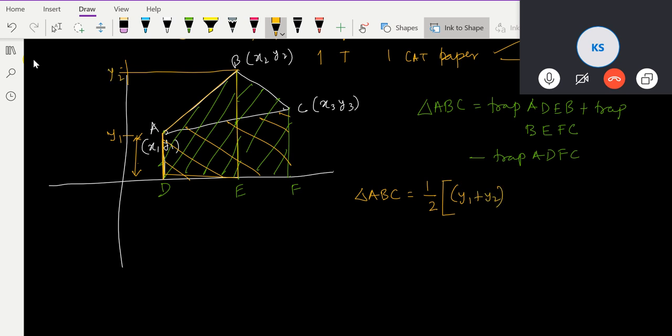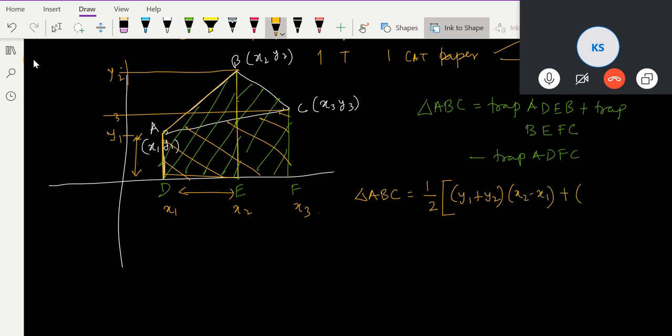And the distance DE? X2 minus X1. So this is the first trapezium.